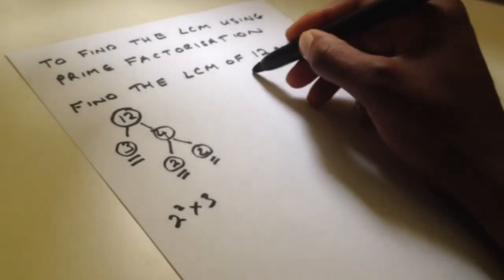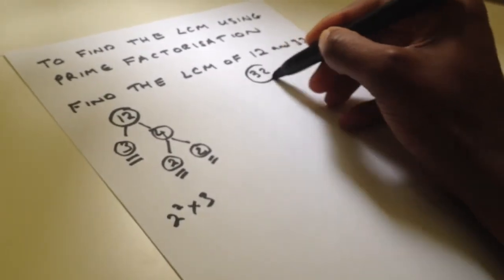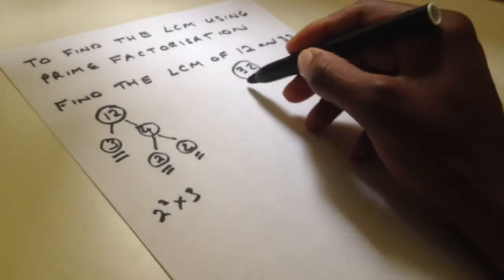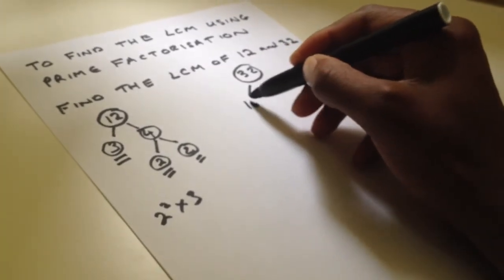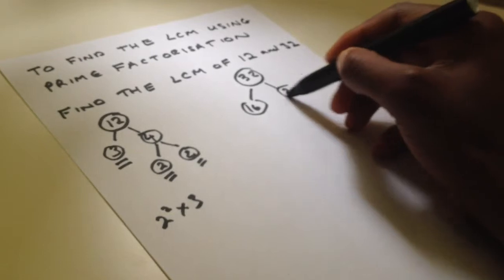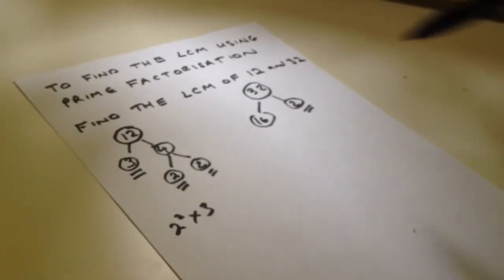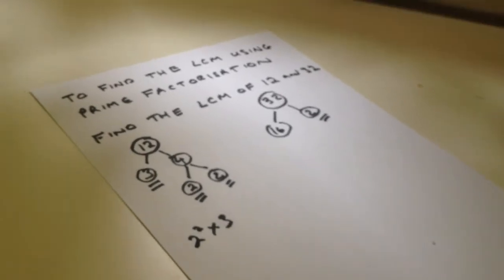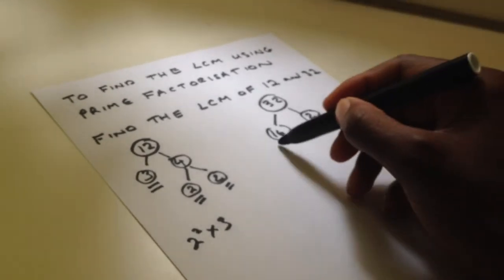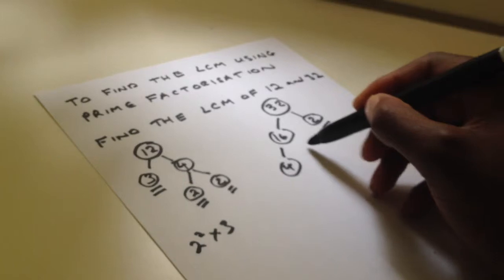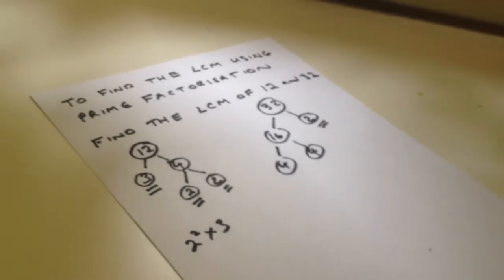Okay, moving on to 32. 16 and 2 jump to mind. So 16, 2. Again, I've hit a prime factor, so as far as that branch is concerned, I'll stop decomposing. Moving to 16, 4 and 4 first jump to mind.